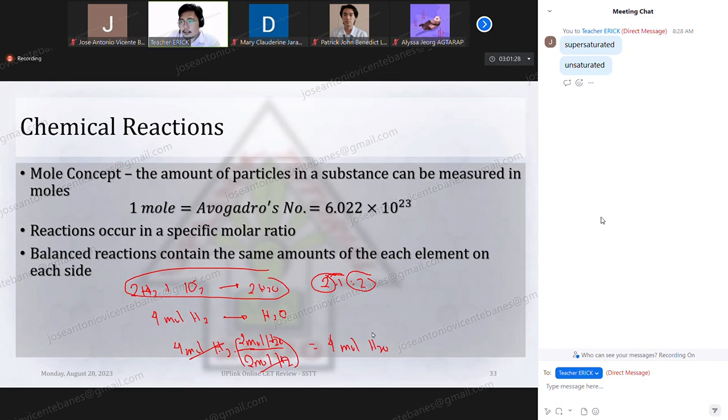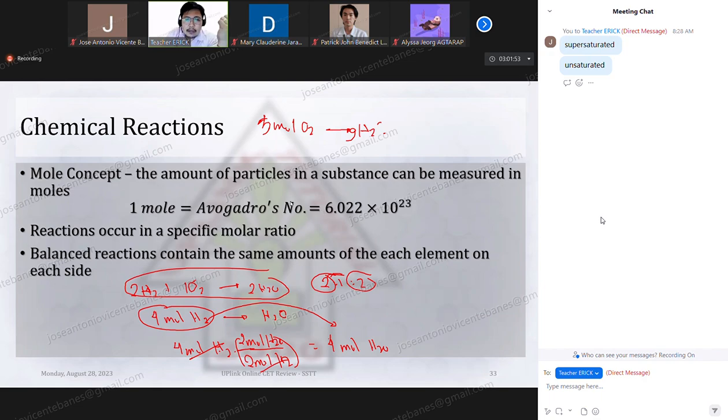So which means for every 4 moles of hydrogen gas, you can produce 4 moles of water. But if you're given, for example, 5 moles of oxygen, how many hydrogen gas must be used? Okay, how many grams? So what if we're dealing with grams?